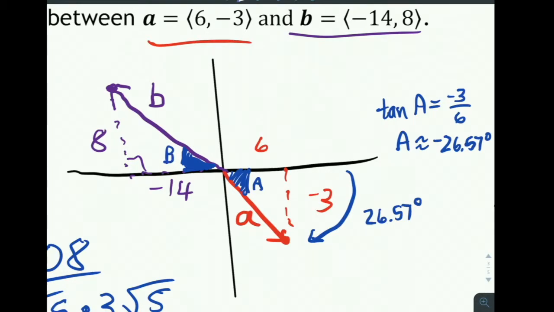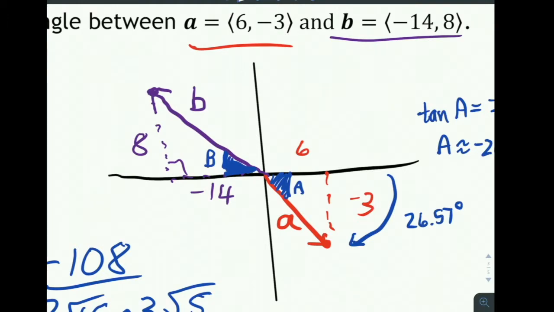You could do arctangent of negative 8 over 14, and you get the one in quadrant 4, which is about negative 29.7 degrees, but you're in quadrant 2, so you just come up instead of down by 29.744 degrees.